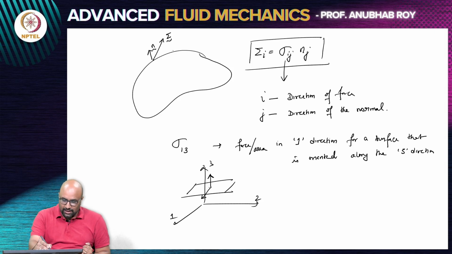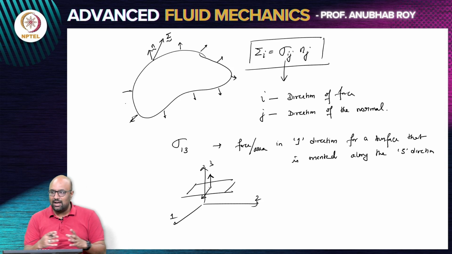Because if you think of this particular surface, if all the forces were exactly along the normal, then all the fluid is going to do is basically a compression and expansion. I mean, there is basically going to be just things going in and out. There is a compressive force or there is a tensile force. So, at any point in the fluid, the only force component that you are dealing with is tensile or compressive.